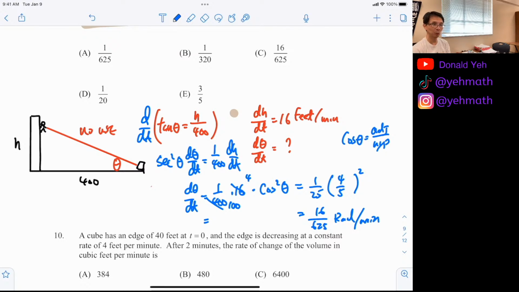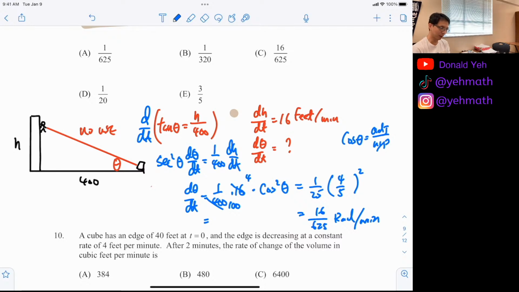Most of you guys don't know what a radian is. 1 radian is about 57.3 degrees. So that's a very, very small angle. You can multiply by 57.3 degrees after you do 16 divided by 625.